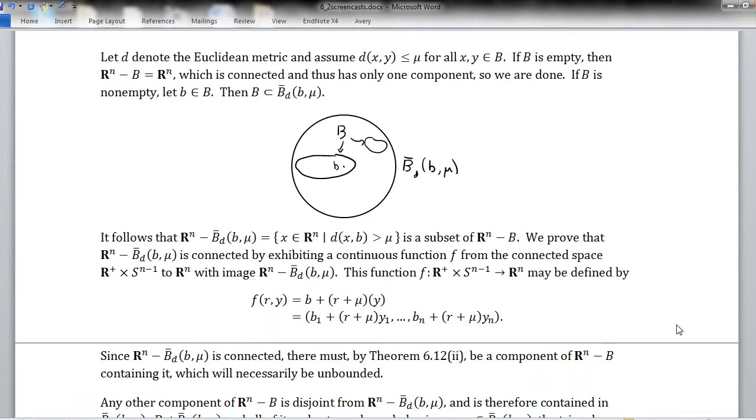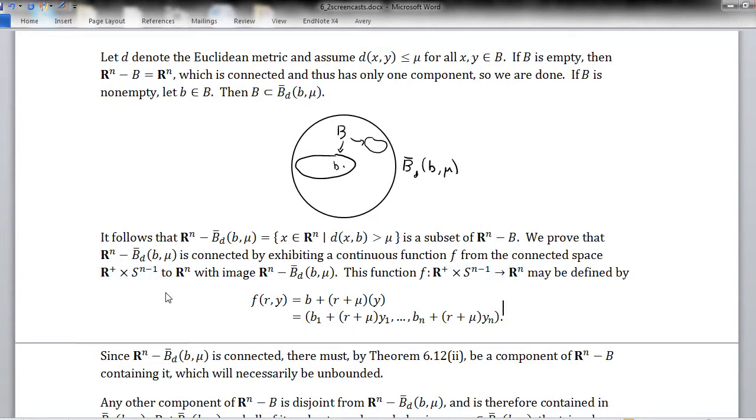It turns out that the trouble comes with our function f, or more to the point, with the domain of that function f. I claimed that this was a connected space because R plus is connected, and so is S^(n-1), and I'm using those facts. And the product of two connected spaces is connected.